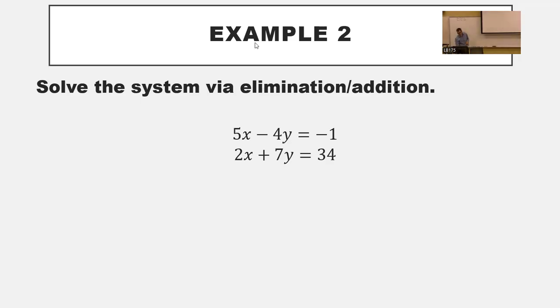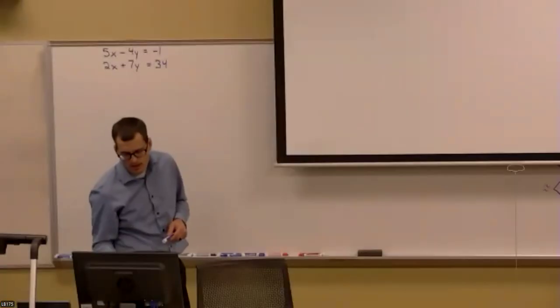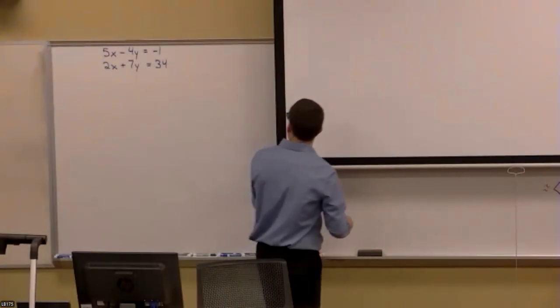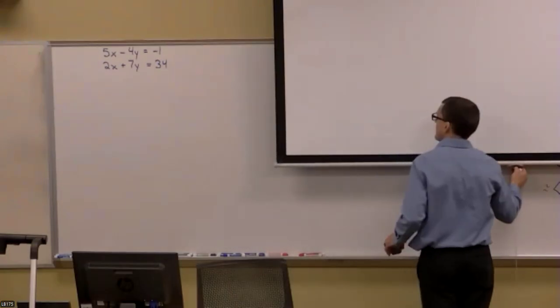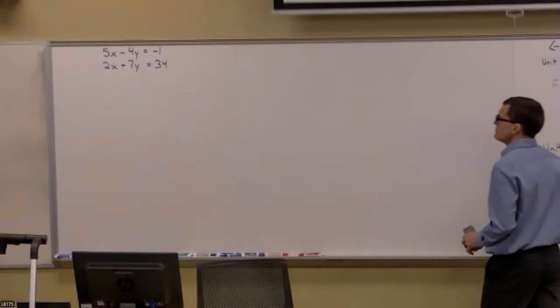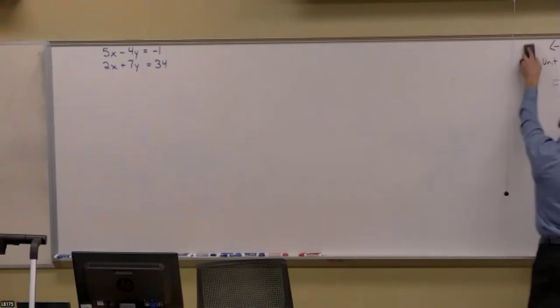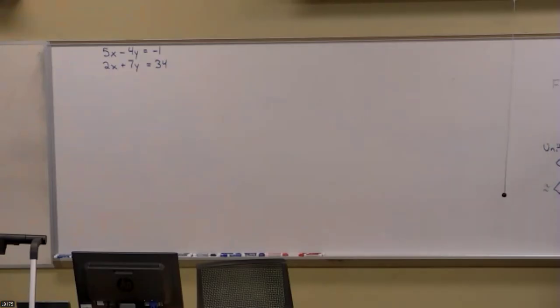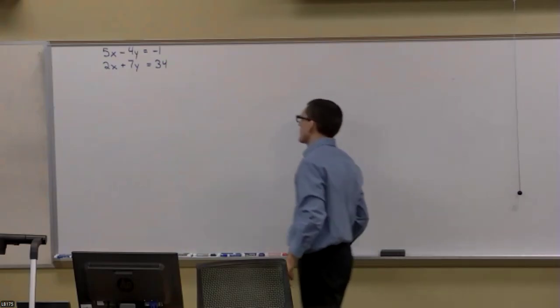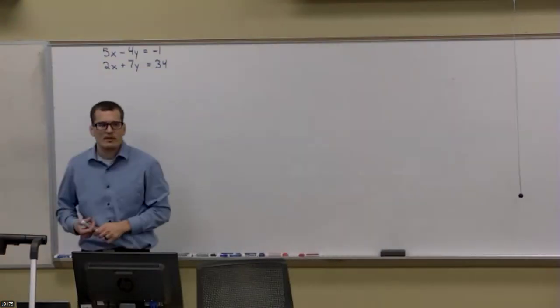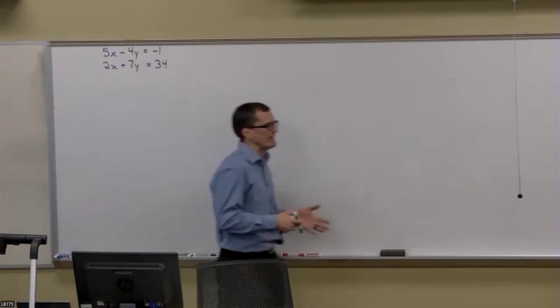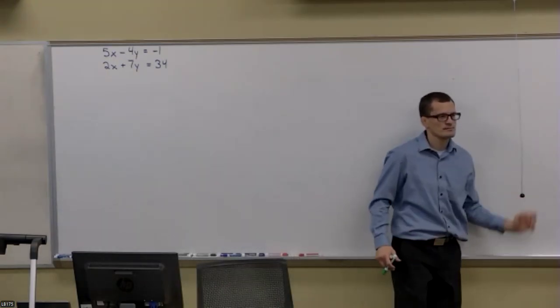We have this system of linear equations. 5x minus 4y is equal to -1. 2x plus 7y is equal to 34. Let's say we want to eliminate the y variable.